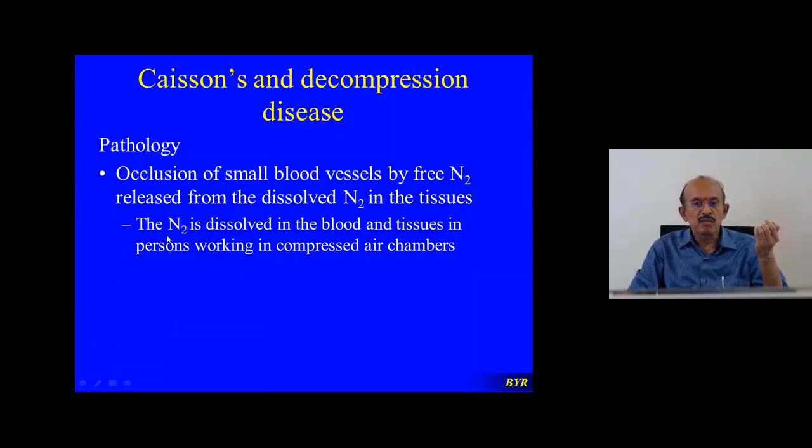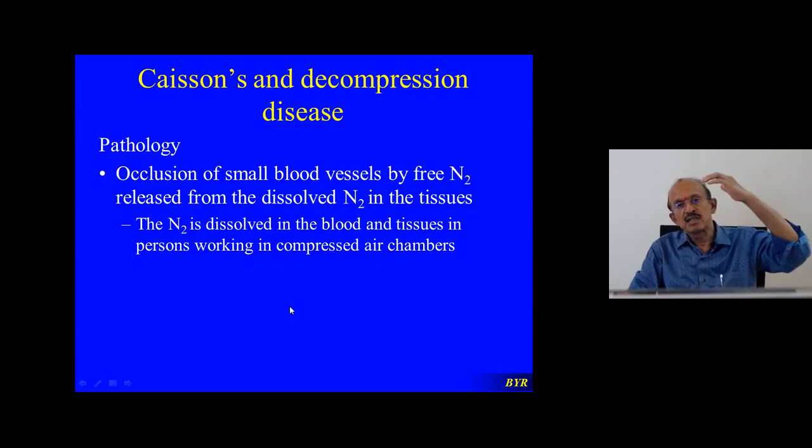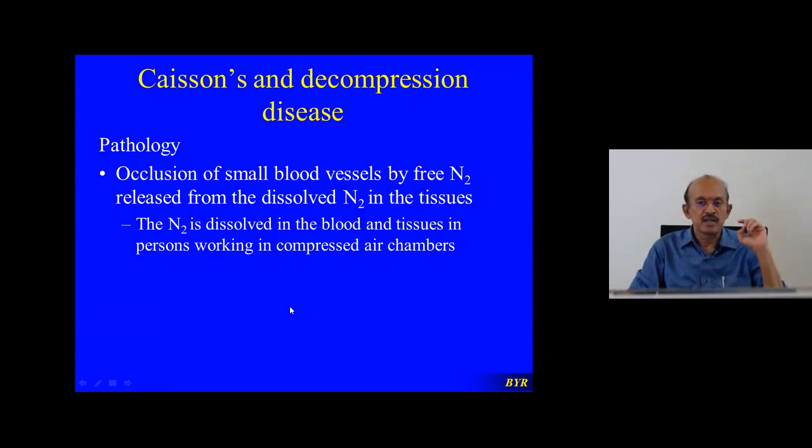But this nitrogen may be dissolved in the blood when the atmospheric pressure is very high. When the atmospheric pressure is high, automatically the nitrogen is also pushed into the alveoli and absorbed. So nitrogen is dissolved in the blood and tissues in persons working in compressed air chambers.